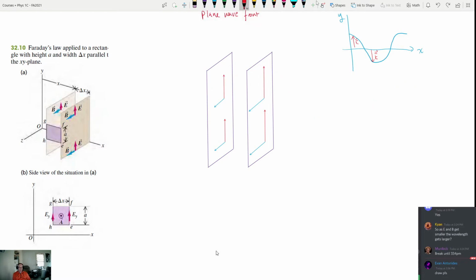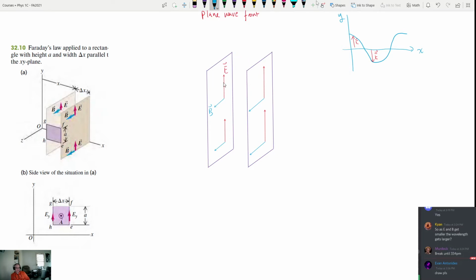Now, in the case of these waves, this is E, and this is B. This electric field is only going to oscillate up and down in the y direction, and the magnetic field is only going to oscillate in and out in the z direction.